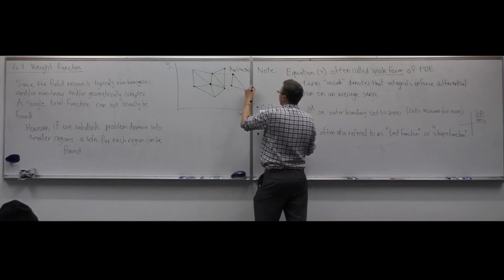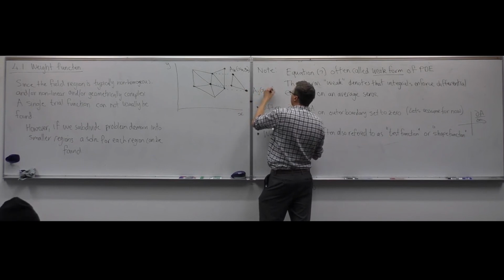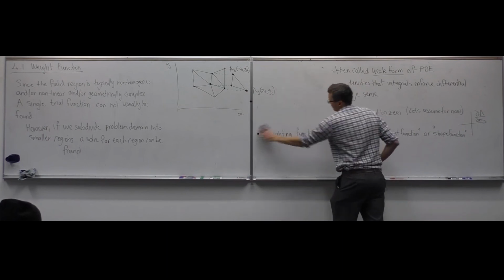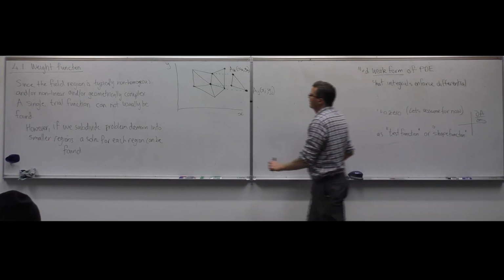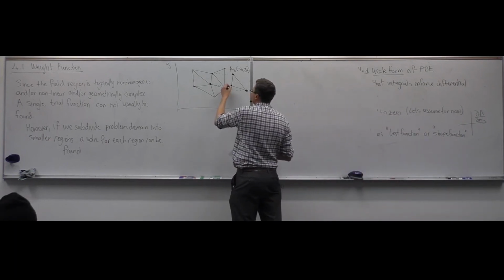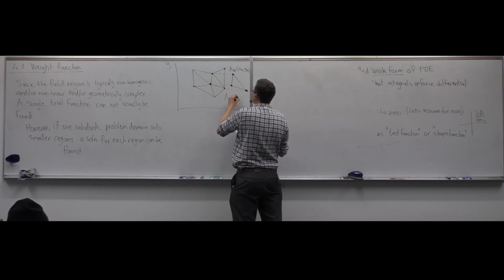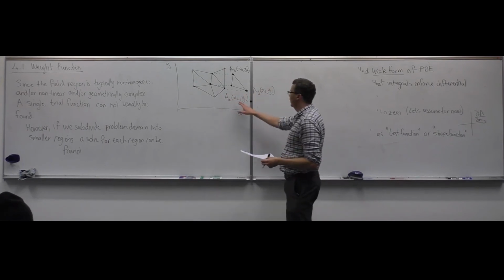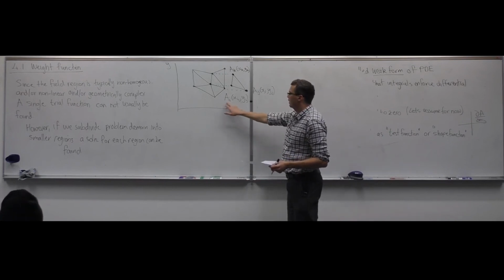This point here is going to have AJ, xj, yj, like that. And then at this point here, this would have some other value, AI, xi, yi.